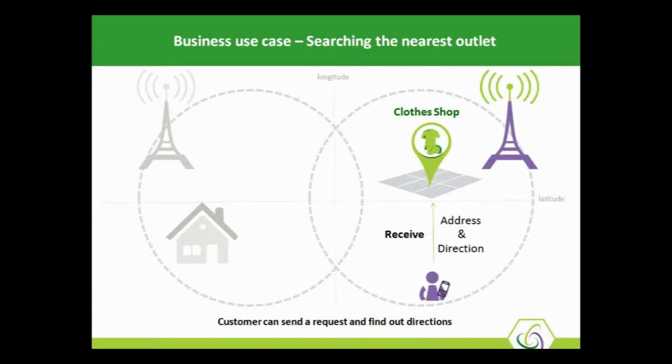So again, location-based services are used. The application picks my location from my SIM, finds all the shops located near my location, and sends the list of shops to me. So again, we are using location-based services to provide a service.